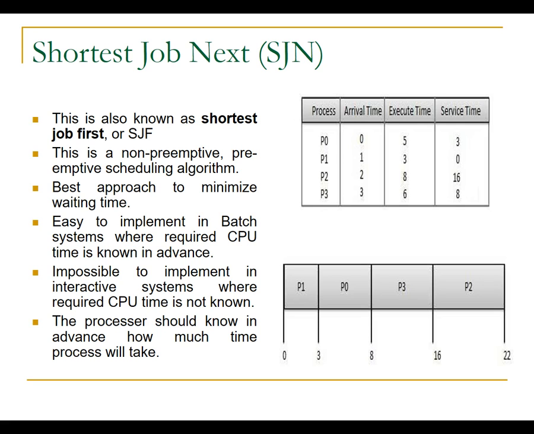This particular concept is easy to implement in a batch system where the required central processing time is known in advance. Yes, we can say that the responsibility of the central processing unit increases if our operating system uses shortest job next.